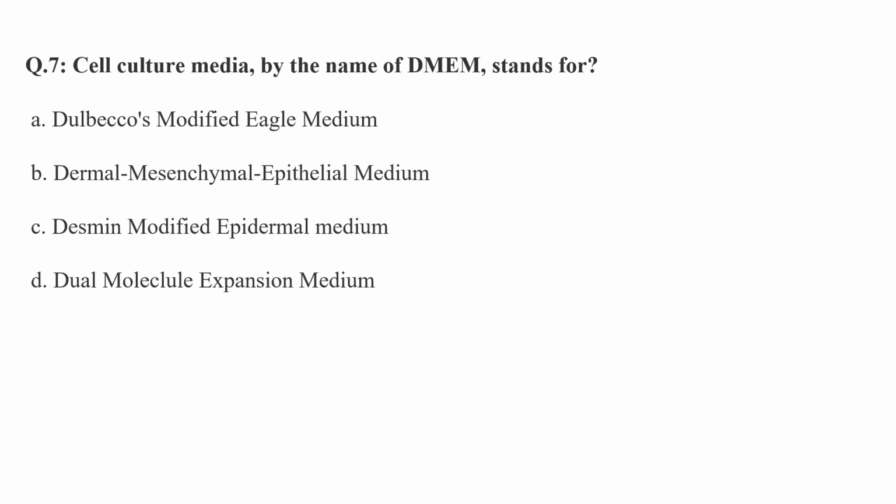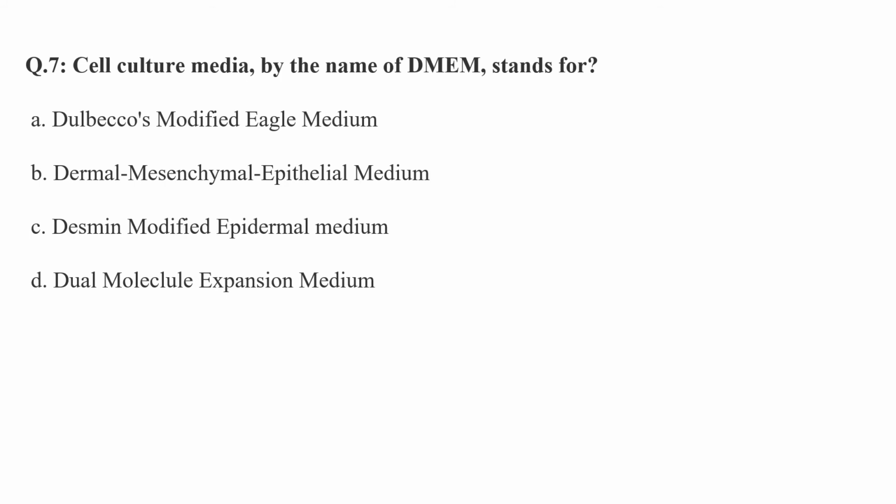The general composition is usually 4 millimolar glutamine and 4500 mg per liter glucose, some sodium pyruvate, some salts like calcium chloride, potassium chloride, magnesium sulfate, sodium chloride, sodium phosphate, folic acid, different vitamins, and choline.